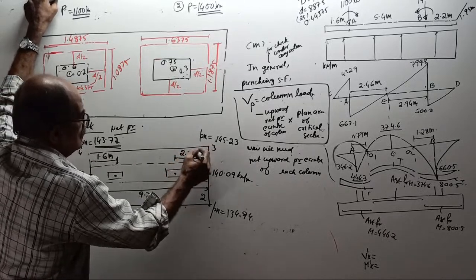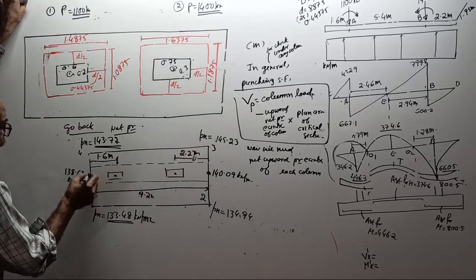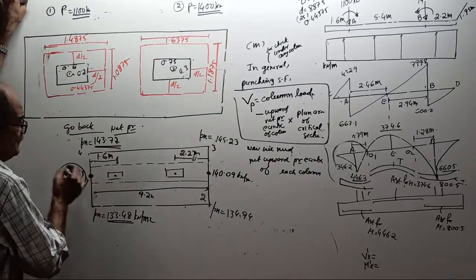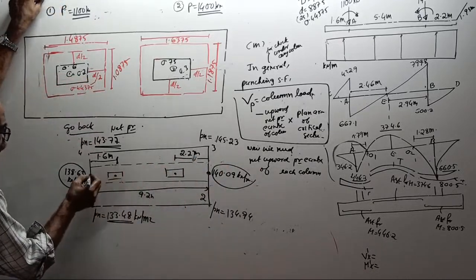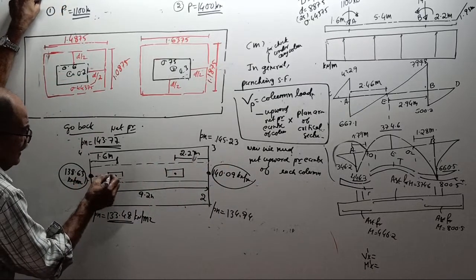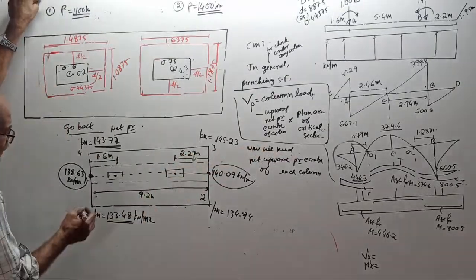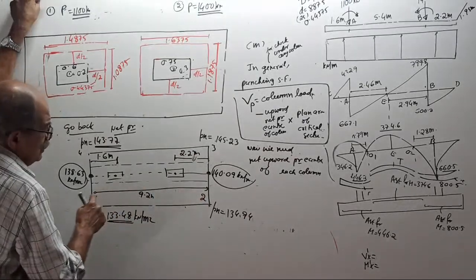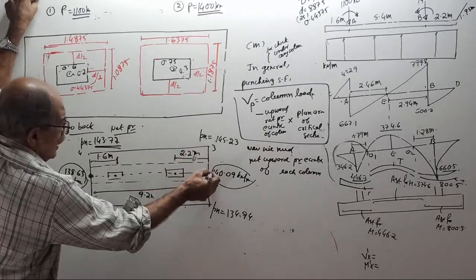Now here pressure is 138.63, here pressure is 140. Therefore from 138.63 along this line interpolate linearly. For a length of 9.2 meter, this is 138.63, this is 140.